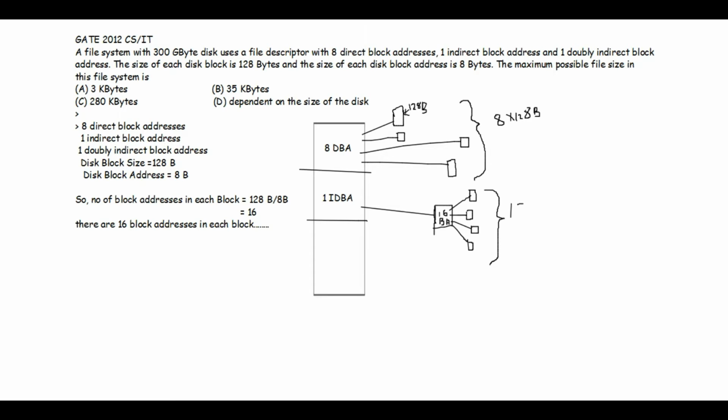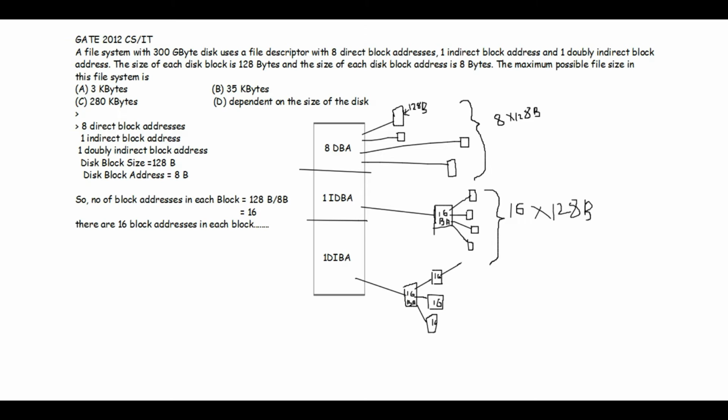And then we have one doubly indirect block address. It is pointing to a block first which is having 16 block addresses, then those 16 addresses are pointing to a block again, and in those blocks there are again 16 block addresses, and then they are pointing to blocks.